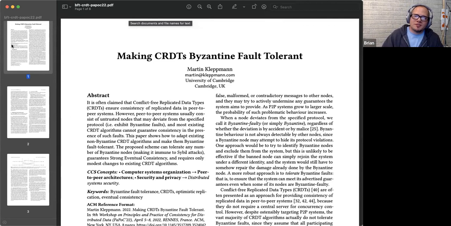But the other two properties, eventual delivery and convergence, are what makes CRDTs interesting, and in the face of Byzantine nodes, more interesting. Eventual delivery means that every update that is sent to one correct replica will eventually make it to all correct replicas.